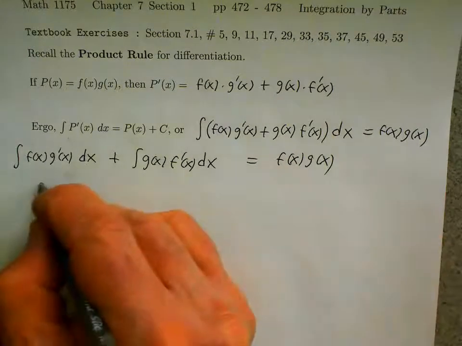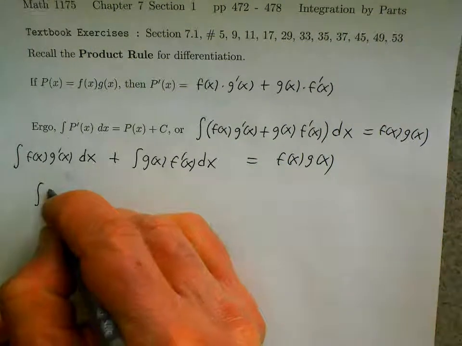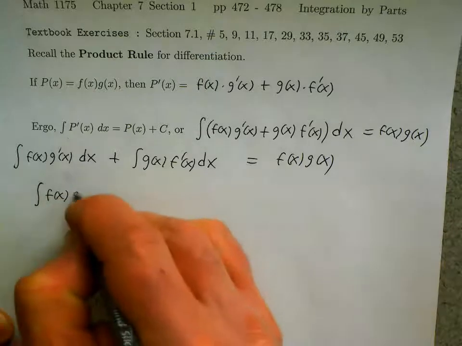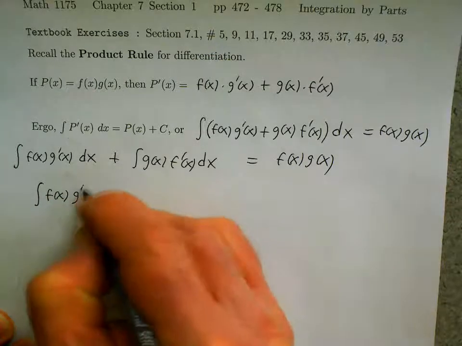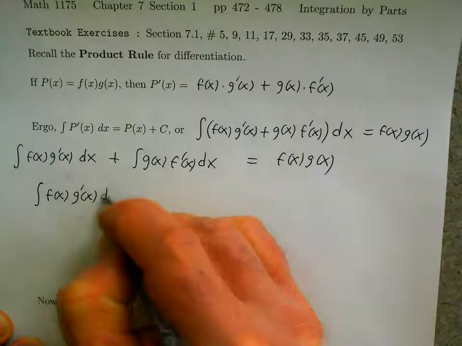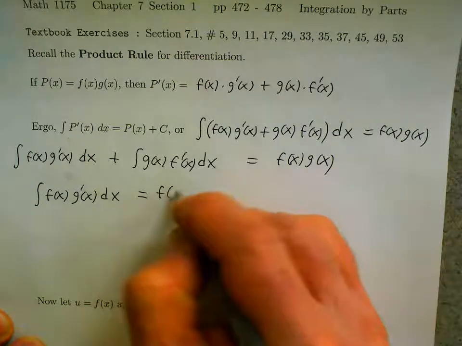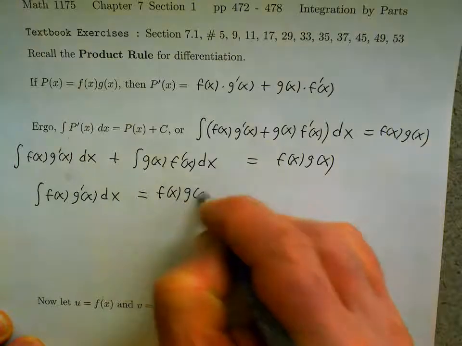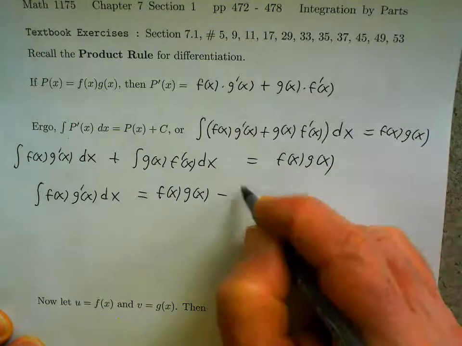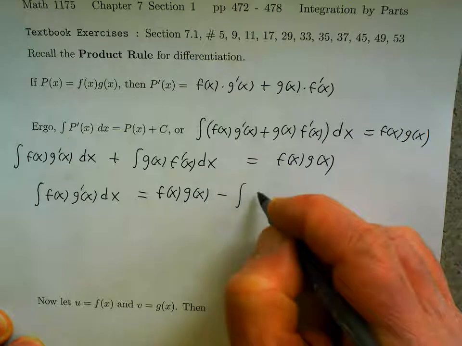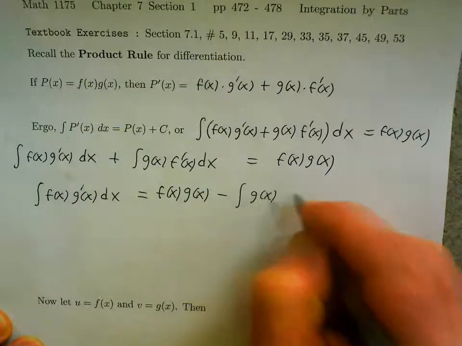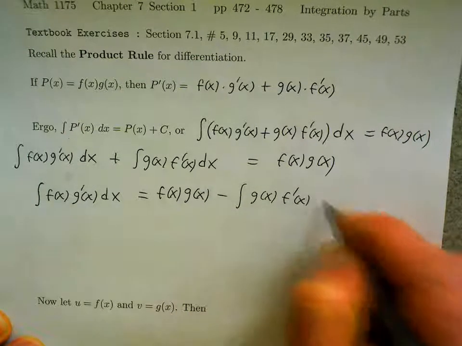So the integral of the product f of x times g prime of x dx, that's equal to f of x times g of x minus the indefinite integral of g of x times f prime of x dx.